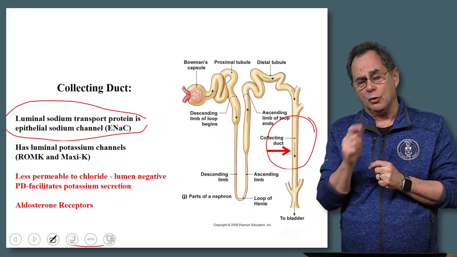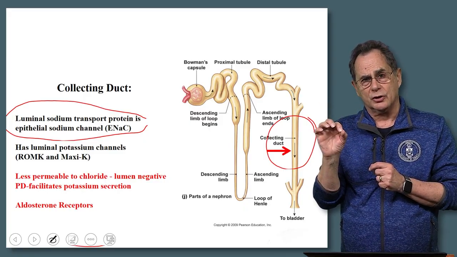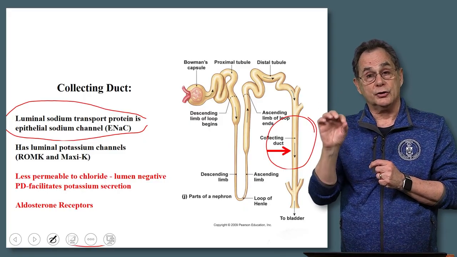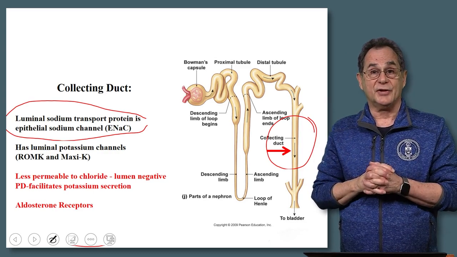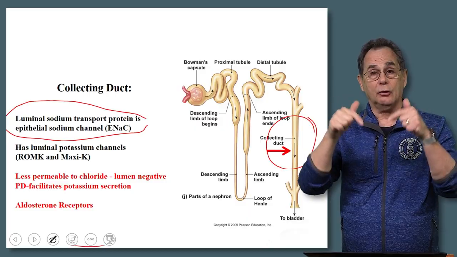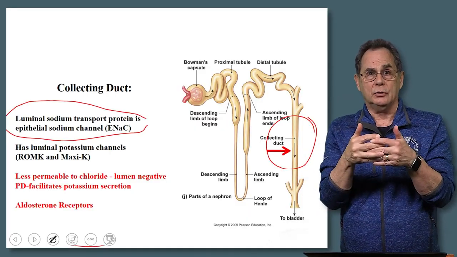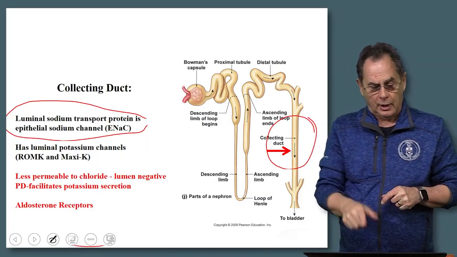Importantly, that sodium movement through the epithelial sodium channel is driven by concentration gradients that are a function of sodium-potassium ATPase activity at the basolateral membrane, maintaining that low sodium concentration in the cell and driving reabsorption of sodium.